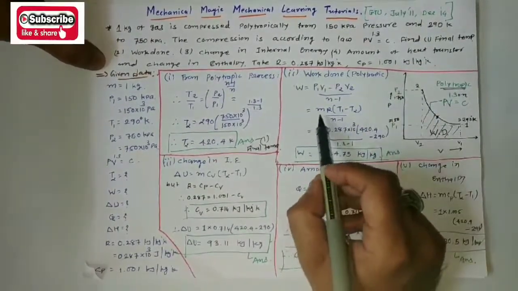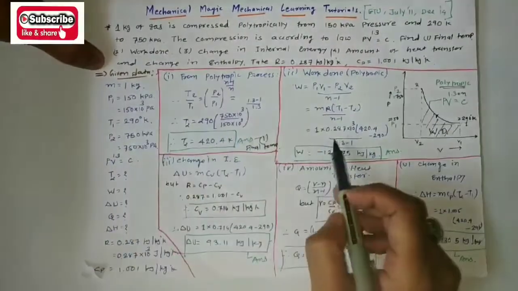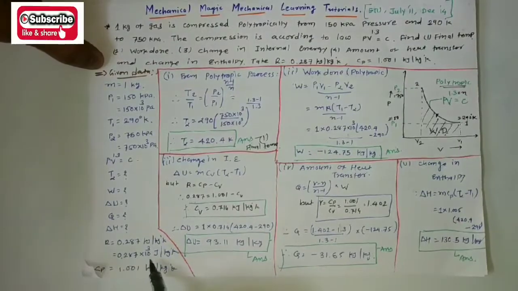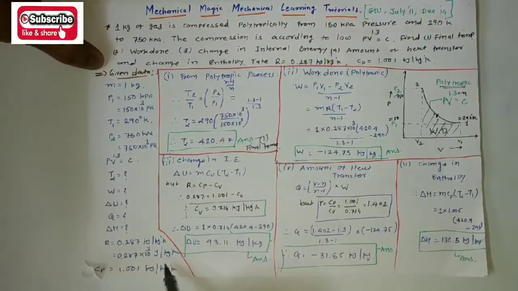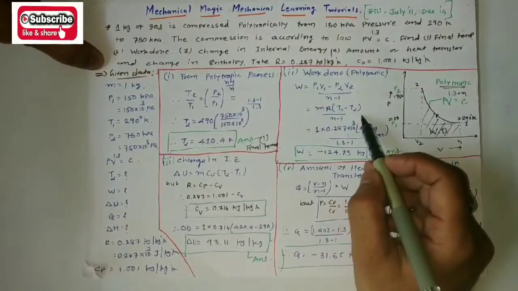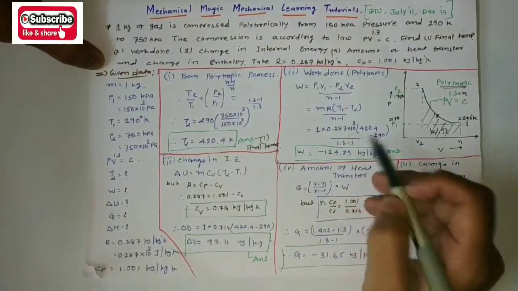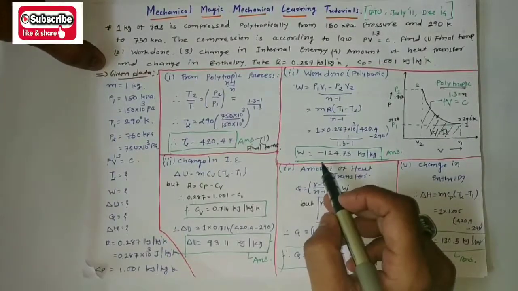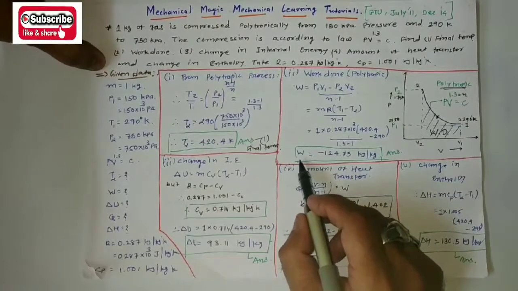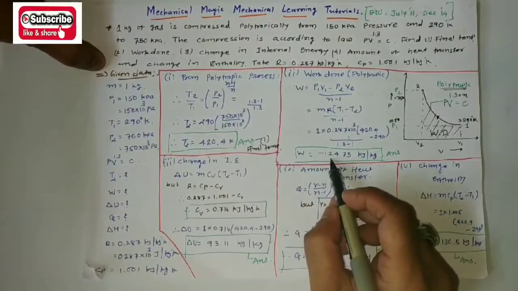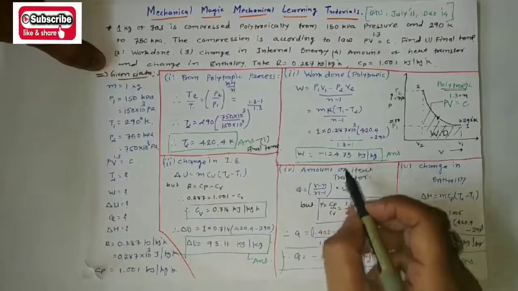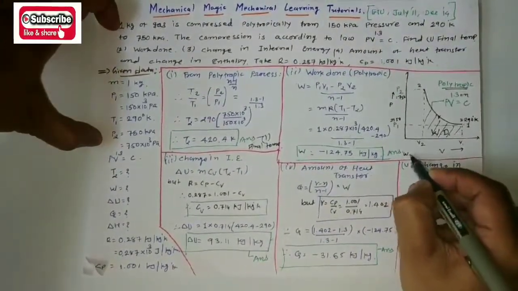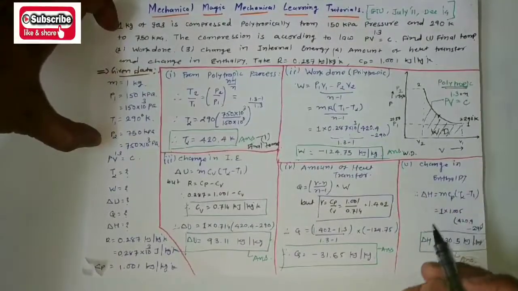Just put the value of M, 1 kg, R 0.287 into 10 raised to 3, converted into joule per kg Kelvin, the temperature difference divided by 1.3 minus 1. The answer is in joule per kg, converted into kilojoule, W equal to minus 104.75 kilojoule per kg. That is the work done by the polytropic process.